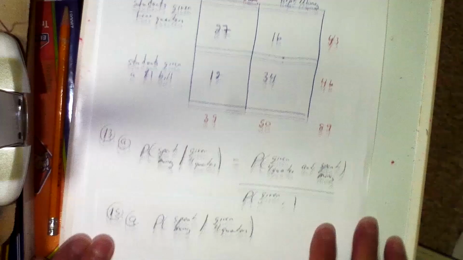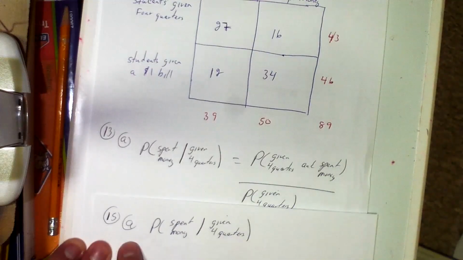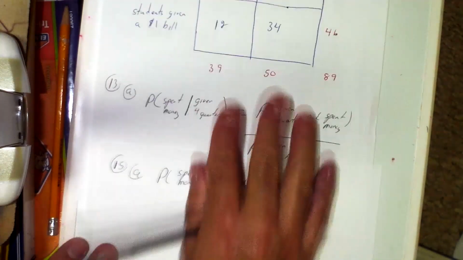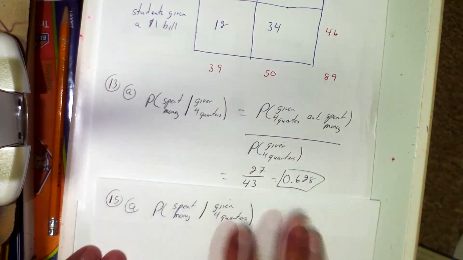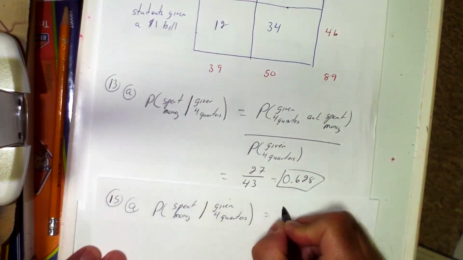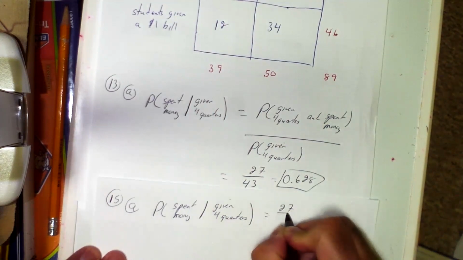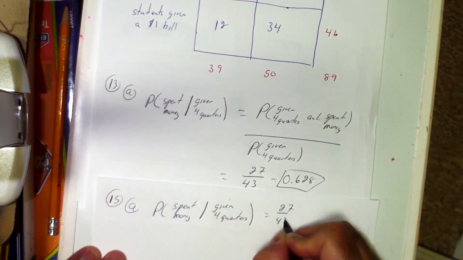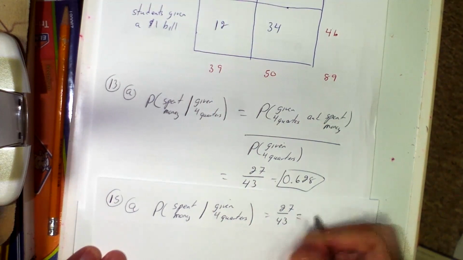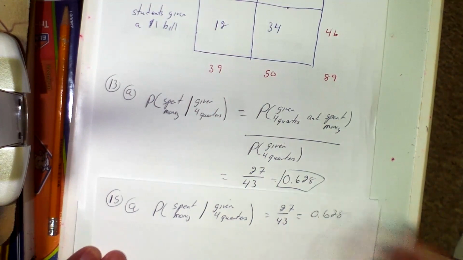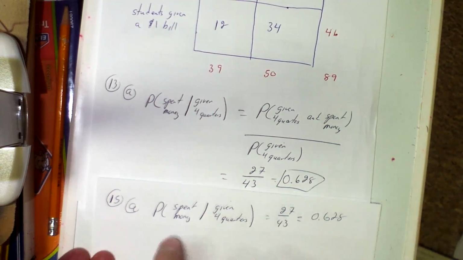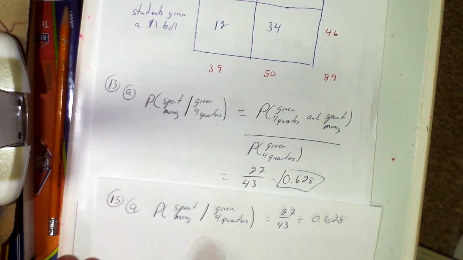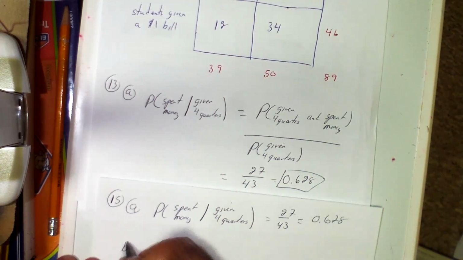Yeah, 15A is the same thing as 13A. Oh, what do you know? Well, that was easy. It's 27 over 43. Interesting, the author didn't realize that he wrote the same problem. So bam, there's part A. Same thing. Spent money, given 4 quarters.